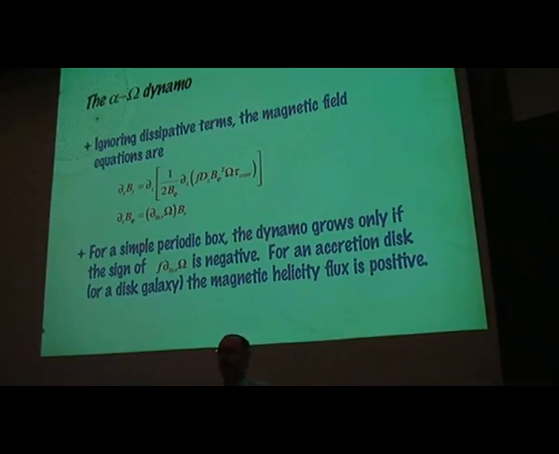Now, let me just pause to say something here. One of the interesting things about this is that if you imagine a disk dynamo, you can think of it as a machine for either transferring magnetic helicity through the disk or, more physically reasonably, ejecting positive magnetic helicity on one side and negative on the other.